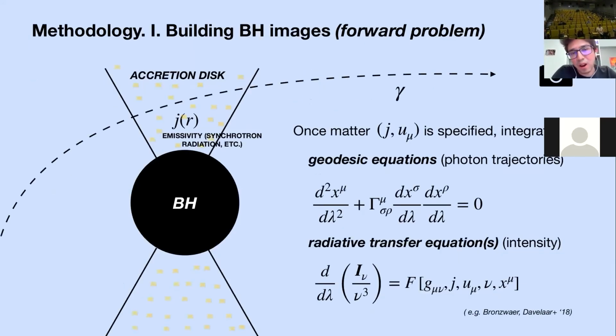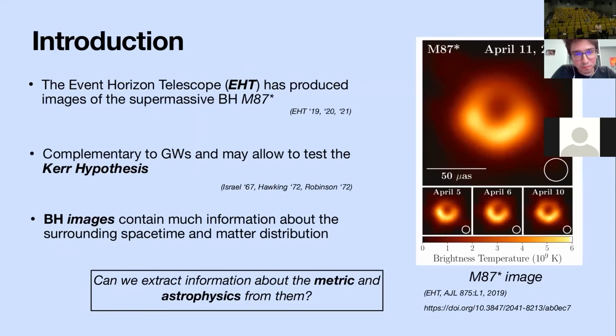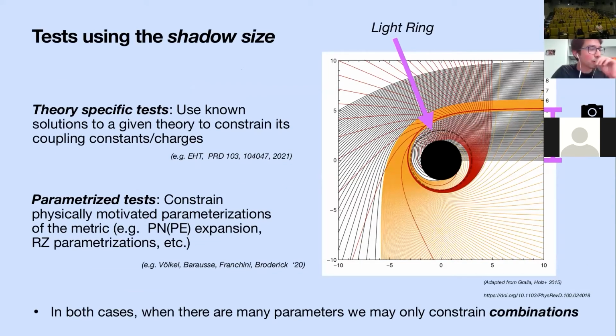I would just try to raise again a point I tried to make, which is that when you use only the shadow radius or the bright ring in the black hole image, since, as you say, this shadow edge is rather circular, this doesn't constrain much.